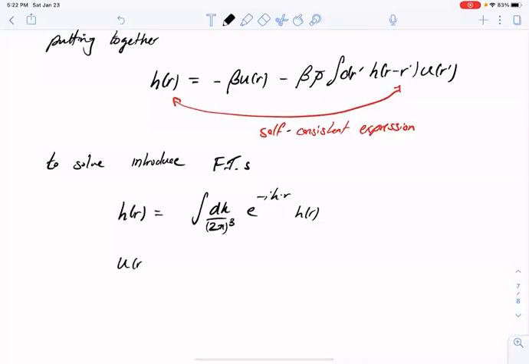We also need to introduce the Fourier transform of the potential U of R, like so.